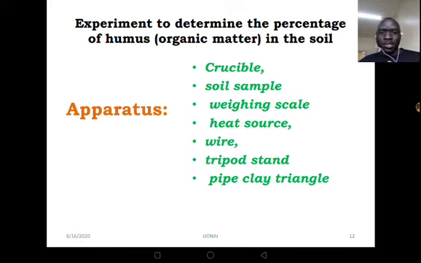And they include the crucible, the soil sample, the weighing scale, heat source, the wire gauze, tripod stand, the pipe clay triangle. So those are the ones you need. If you have them, then you can easily conduct this experiment.